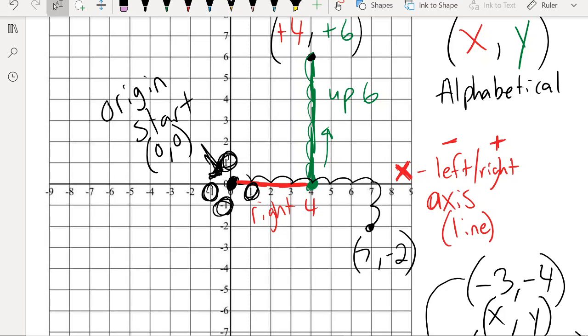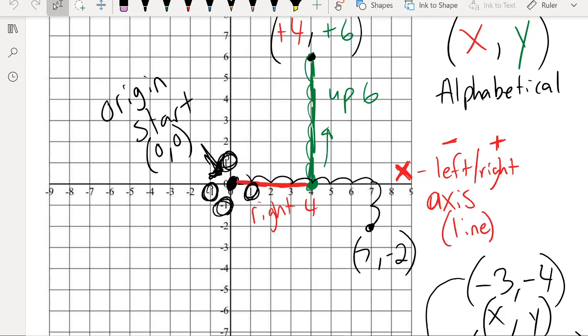Anytime you're plotting a point, you use the origin as your start. If you're plotting another point from a point, like if you're dealing with slope, then you don't start at the origin. Unless, of course, there actually exists a point on a line that is at the origin, and then that would be a different story.